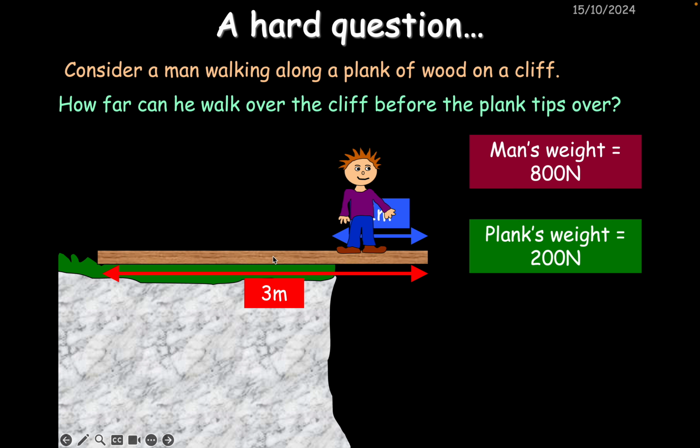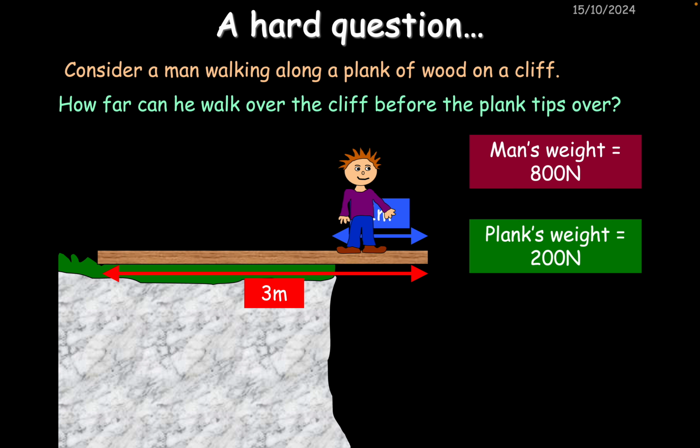So anti-clockwise now is all due to the plank, yeah? Taking moments about the toppling point, 200 times 0.5 will give you 100. That means the man, 800 times d, must equal 100 newton meters. And I think you'll find d is 12.5 centimeters, or 0.125 meters, if I've done that correctly.